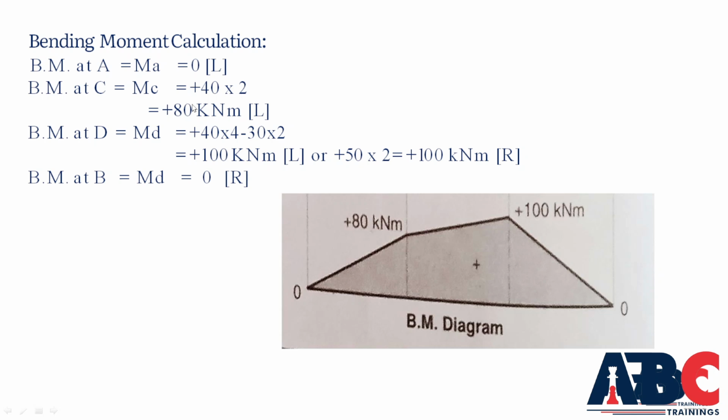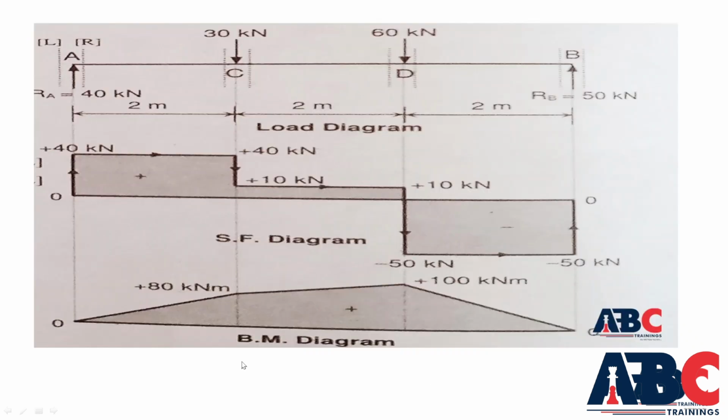The bending moment is calculated for this beam and it comes at point C as 80 kilonewton meter and at D as 100 kilonewton meter. You have to know the units, kilonewton meter.